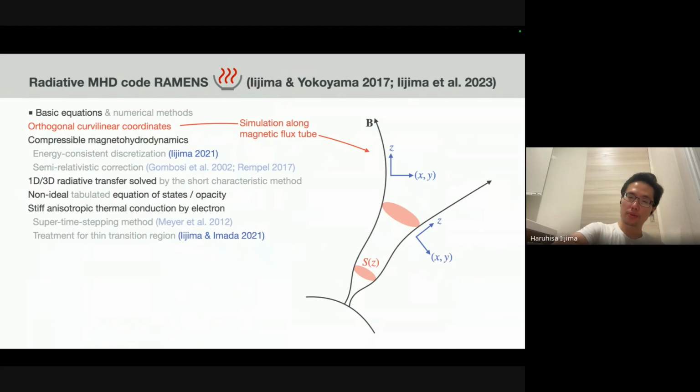Because the horizontal size of the numerical box is very limited, typically at least 10 times smaller than the solar radius, we need to simulate in a very local simulation box. So this orthogonal curvilinear coordinate is very important to simulate the solar wind by accounting for the global expansion of the magnetic field.